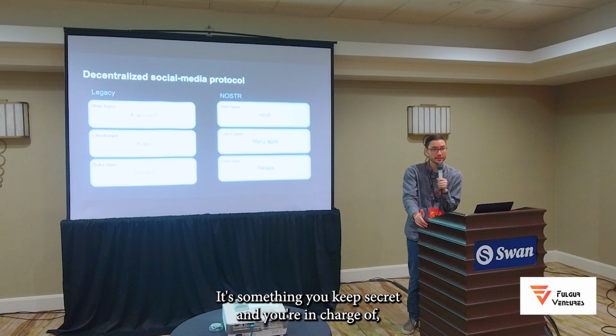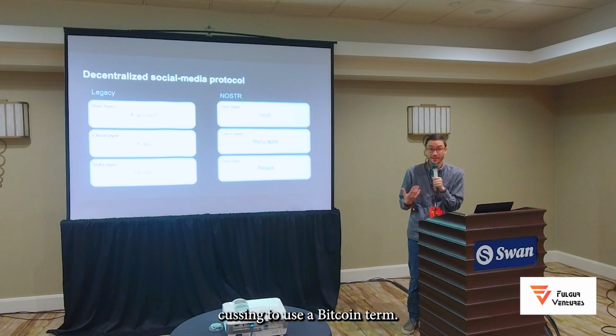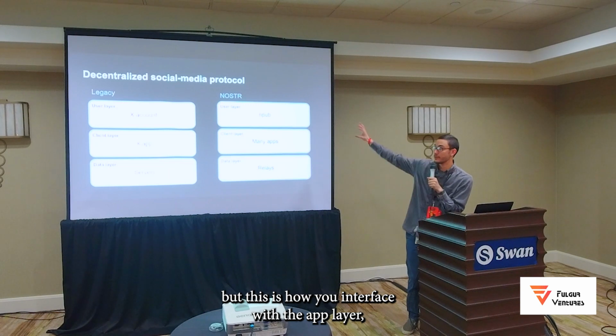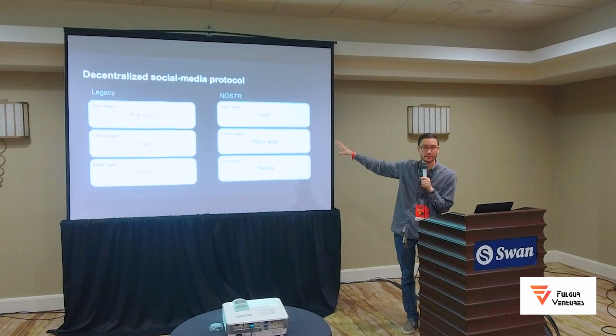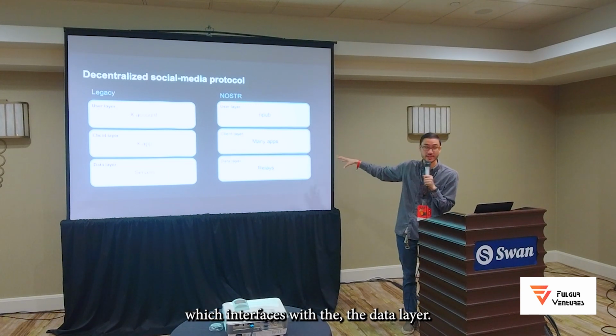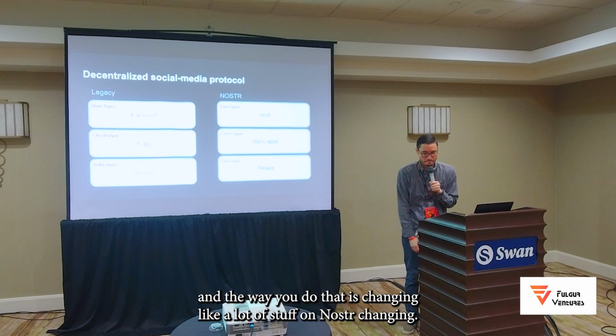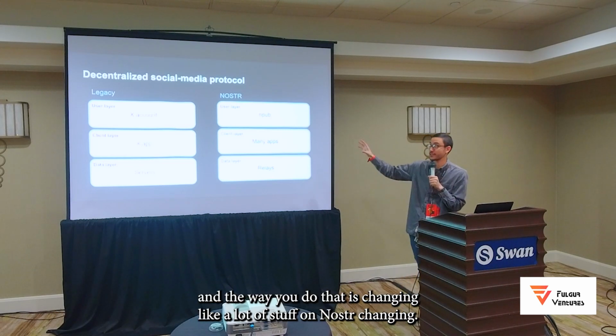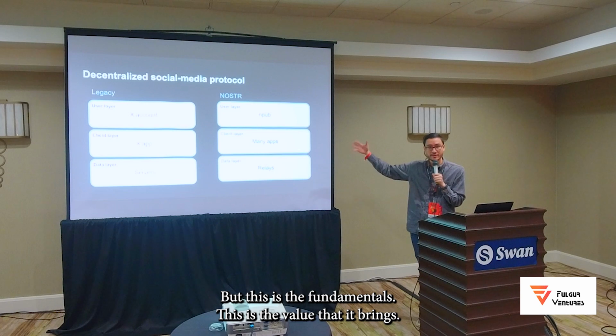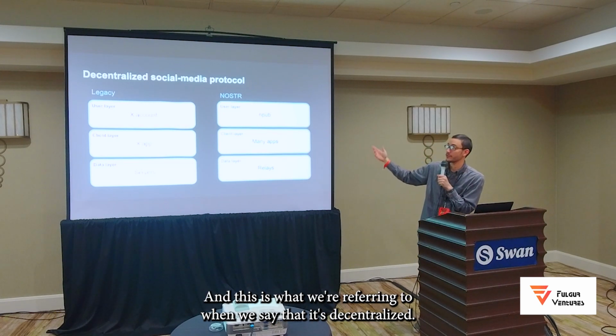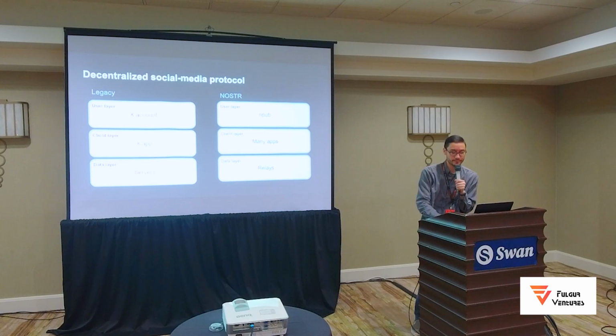It's something you keep secret, and you're in charge of custodying, to use a Bitcoin term. This is how you interface with the app layer, which interfaces with the data layer. The way you do that is changing, like a lot of stuff on Nostr is changing, but this is the fundamentals. This is the value that it brings. And this is what we're referring to when we say that it's decentralized.